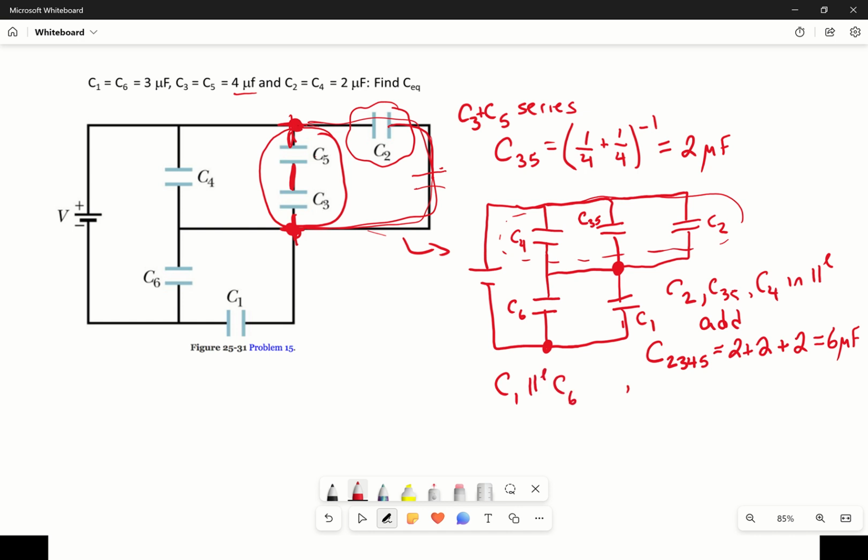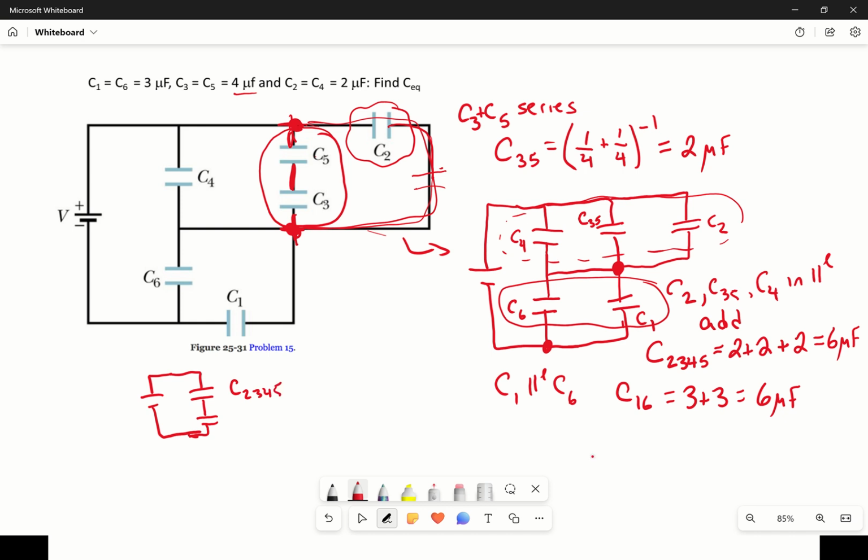And so we've got C16 is going to be equal to 3 plus 3, just adding directly, which is also going to be 6 microfarads. So now I've simplified myself down to 2 capacitors like that, C2,3,4,5 and C16, and each of them is 6 microfarads.